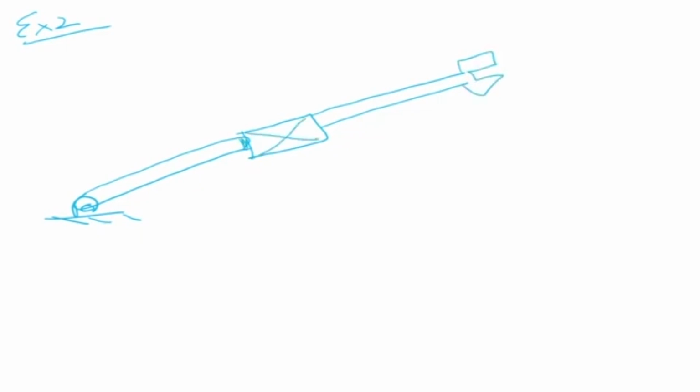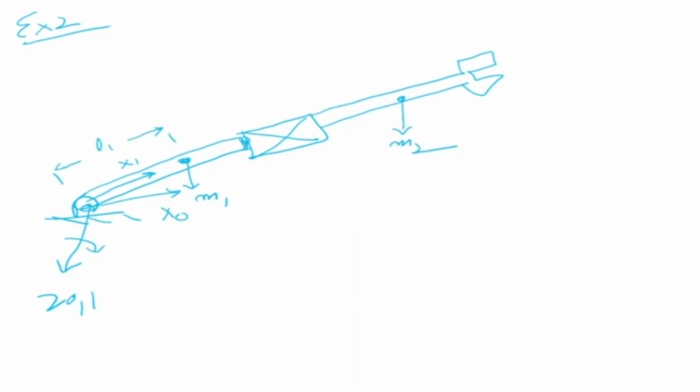The first one is a revolute link. Let me draw the axes z0, z1. This is rotating like this. This is my x0, this is my x1. This is m1, this is m2, coming down as m2. The distance from here to here is L1, and from here to there is d2.